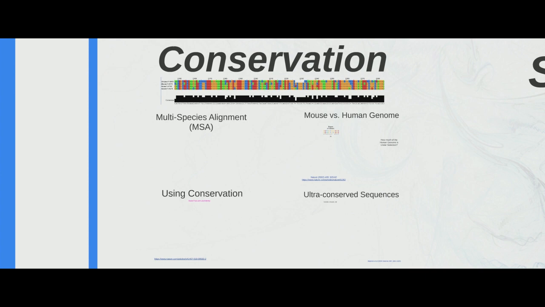So I should have written this on the slide, but what is the difference between percent conservation and percent similarity? They're definitely very closely related. So any set of sequences that you can align, you can produce a similarity score, like how similar the sequences are. But that same number is related to conservation, right? Conservation has two other pieces to it.